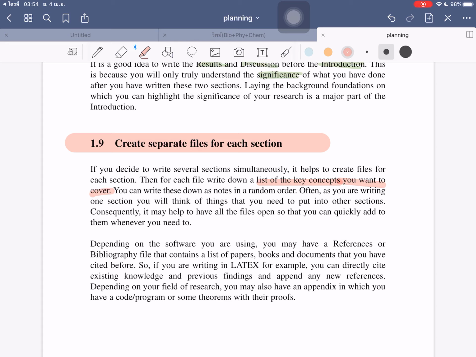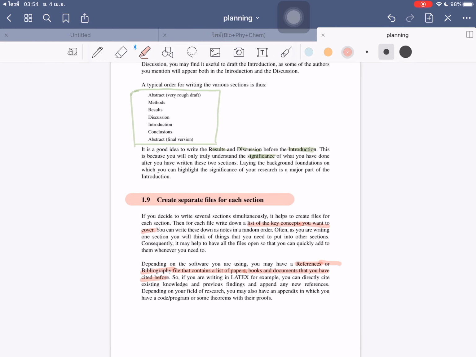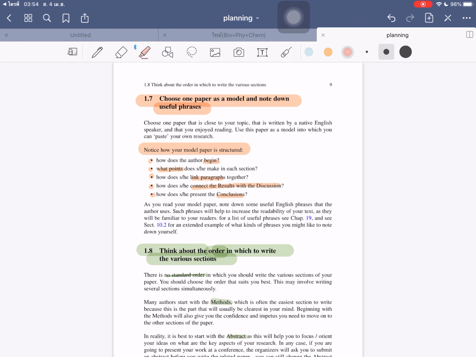And then you need to use references. References and the bibliography are the same thing, because this contains the list of papers, books, or documents that you have cited. So you make a different file, and then you cite them there.